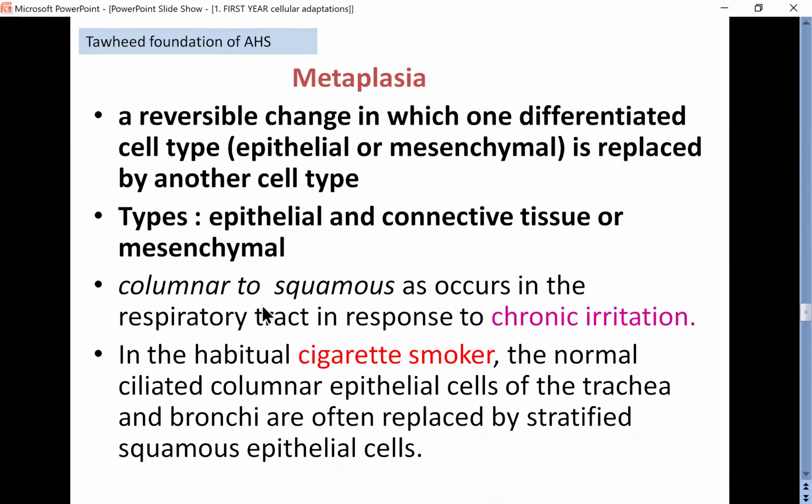In that kind of patient, the esophageal cells are squamous cells, the squamous epithelium. This squamous epithelium will not have the ability to withstand exposure to this highly acidic content every day. So what happens?